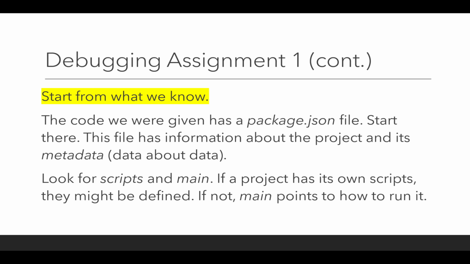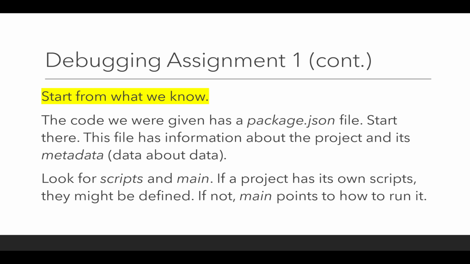So we want to look for two properties. Remember, JavaScript Object Notation, JSON. So this is notation for objects. We want to look for two properties. These are scripts and main. The reason why we want to look for these is because if a project has defined its own scripts, it will define basically how to do different things. And as we progress in this course, we'll talk about some examples of different scripts and especially scripts React uses.